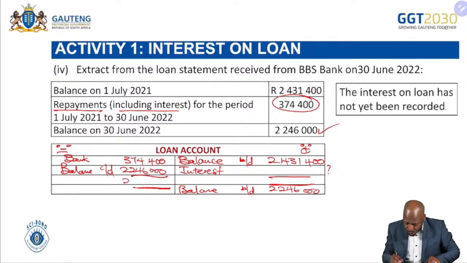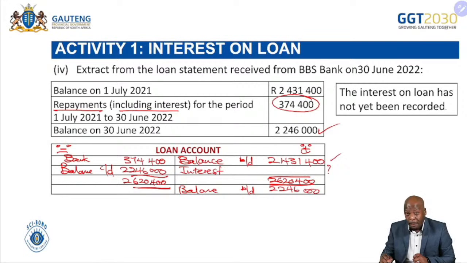You're going to have your 2,620,400. Okay, you should verify this on your calculator. Then you now say your 2,620,400 subtract now your 2,431,400. That should give you interest.